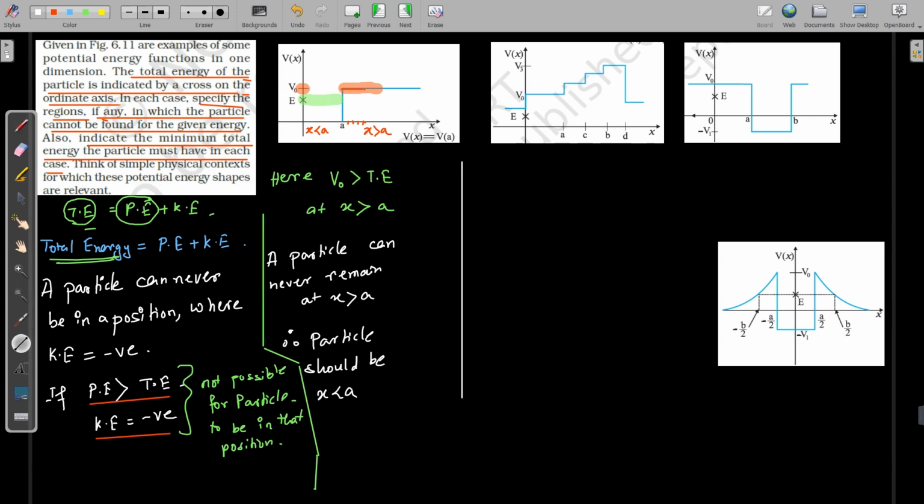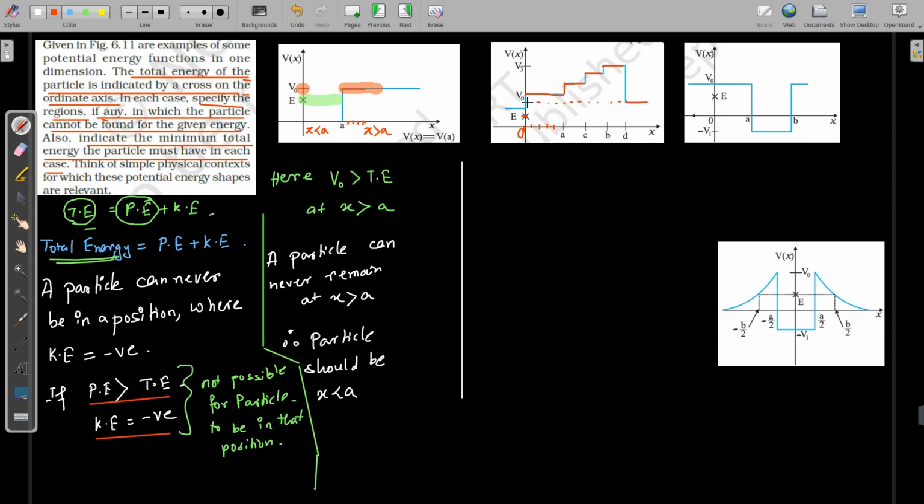Is it clear? Check this one. When x equal to 0, total energy is how much? This. The moment the position changes, like x equal to 1, 2, 3, 4, whatever, as the position changes, see, the potential energy becomes more than total energy. So here potential energy is always more than the total energy at each and every instant.